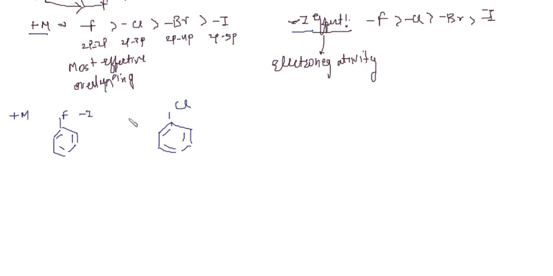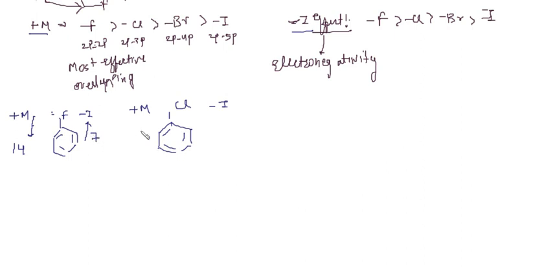Plus M effect means it is pushing the lone pair. Let's say it has a magnitude of 14, and minus I effect, let's say it is 7. It is pulling electrons by 7 magnitude of force.